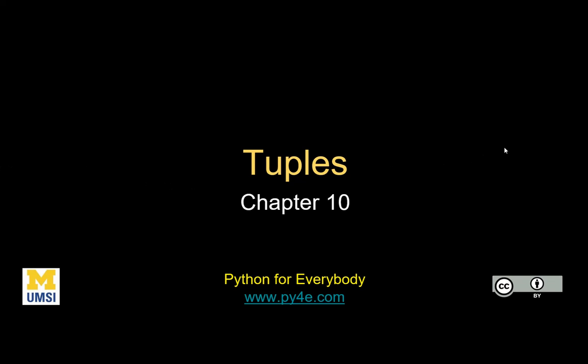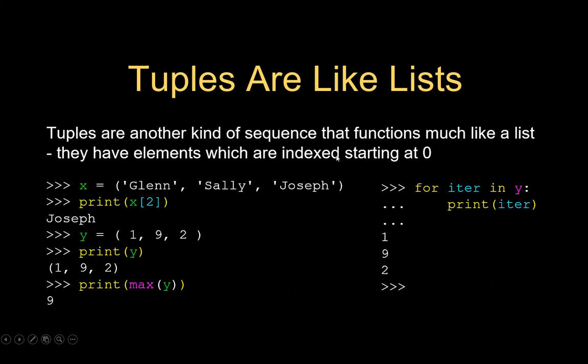So we're going to talk about tuples. Tuples are very similar to lists, and there is only one difference between a tuple and a list, and that's it: tuples are immutable, meaning that we cannot change the content of tuples, and we're going to talk about this more.